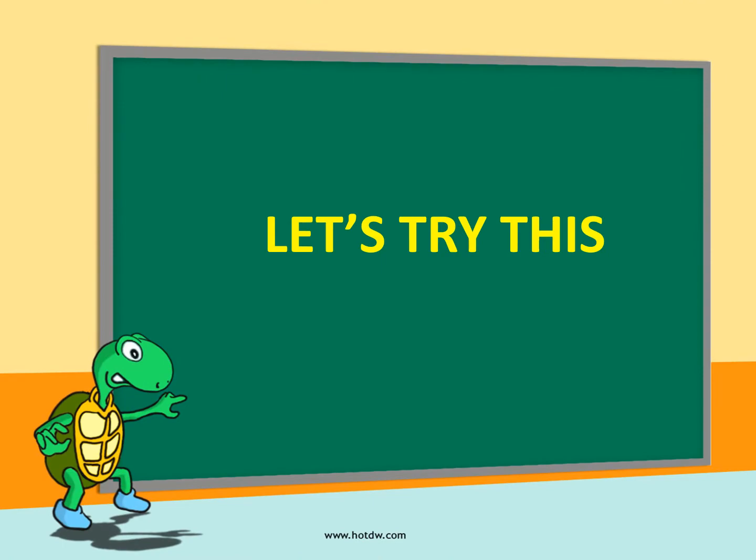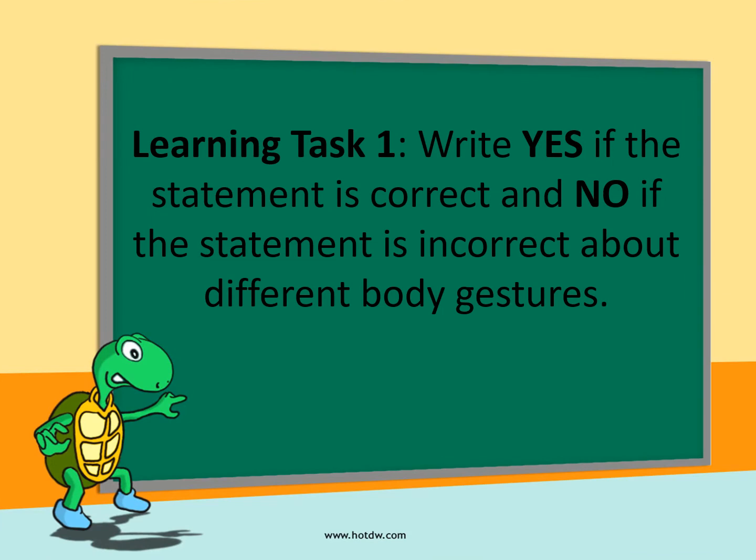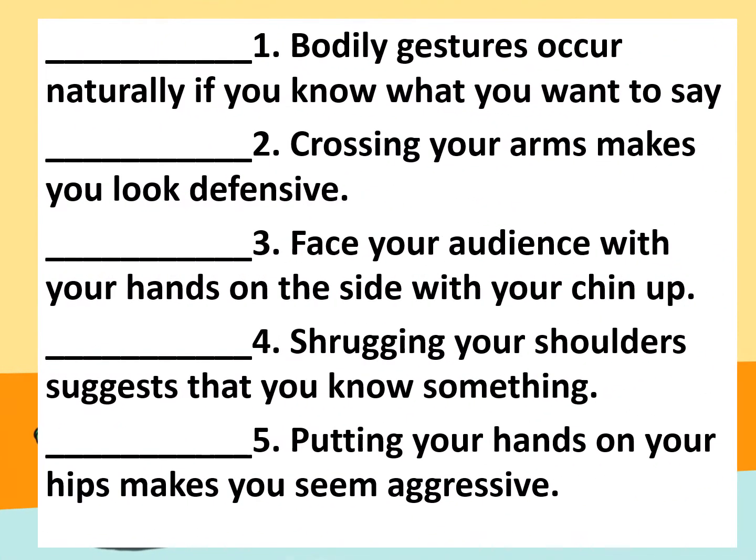Now, let's try this. Learning task 1. Write yes if the statement is correct and no if the statement is incorrect about different body gestures. Number 1. Bodily gestures occur naturally if you know what you want to say.